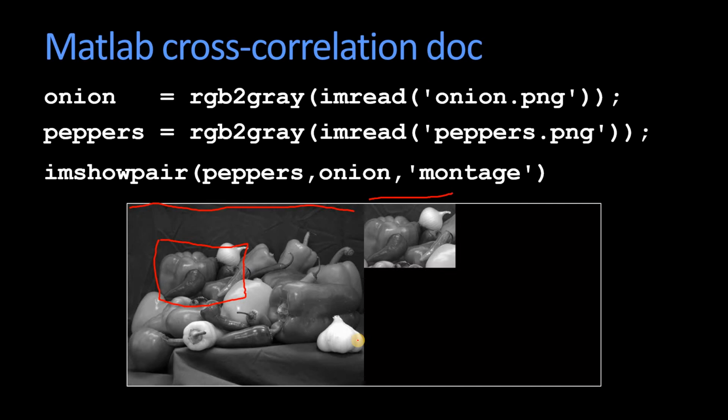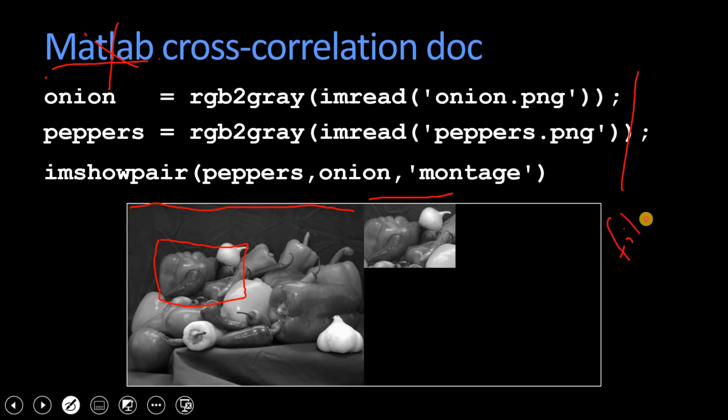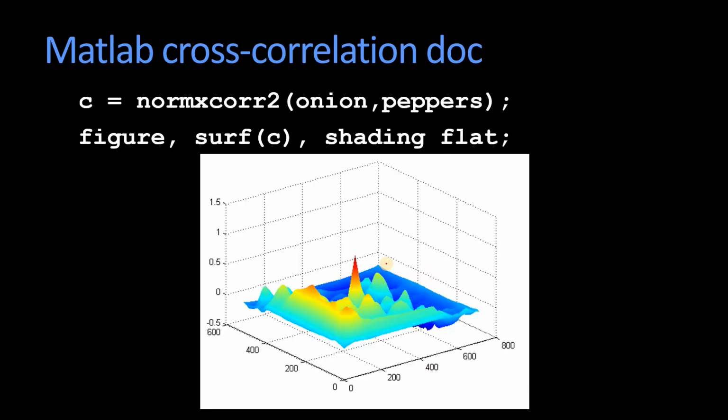In our case, just ignore this code because this is MATLAB code, and we don't cover MATLAB. We do it in Python. We will see in the lab the filter 2D command, and we will apply filter 2D between these two images.